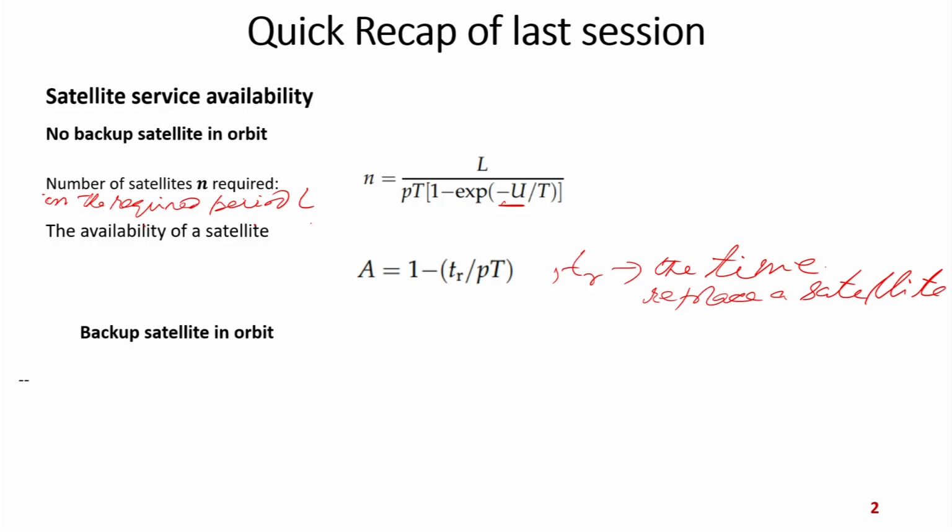Now, when there are backup satellites in orbit, the number of satellites needed in the required period L should be twice. So, this n is just double the quantity of satellites required to be launched in a period of L. And this is the expression for availability in this case.